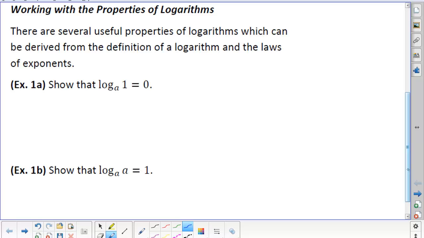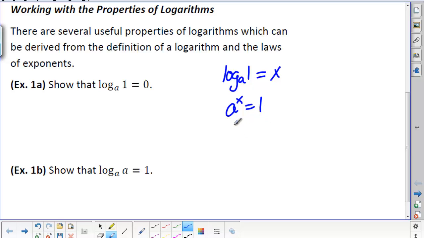Well, if we want to look at log base a of 1, we can rewrite this. We say it's equal to x. We could rewrite that as a to the x equals 1, right?